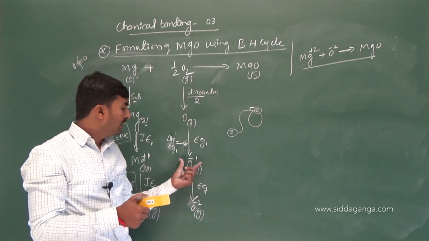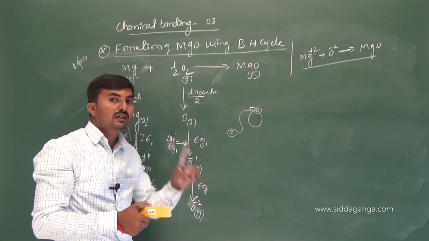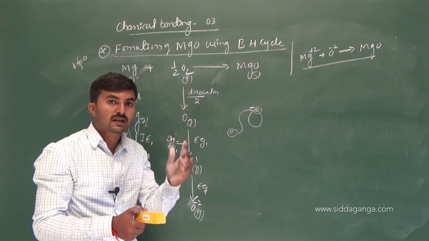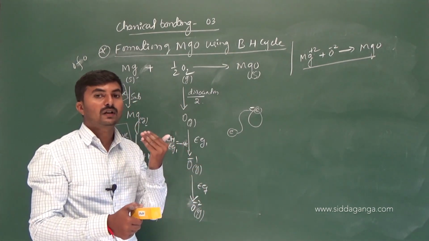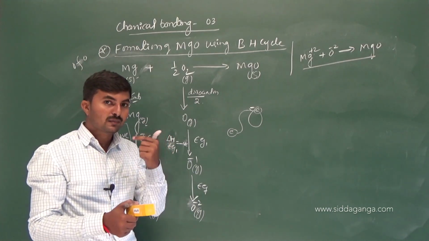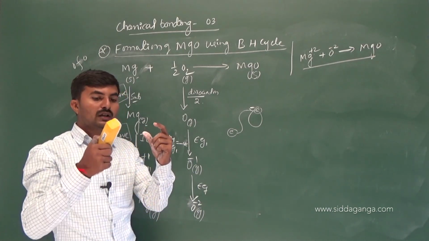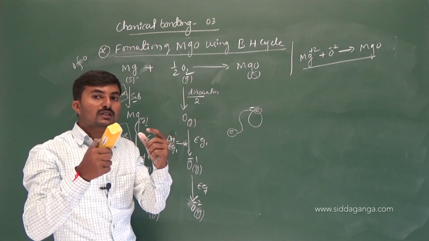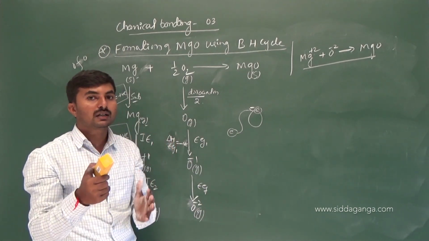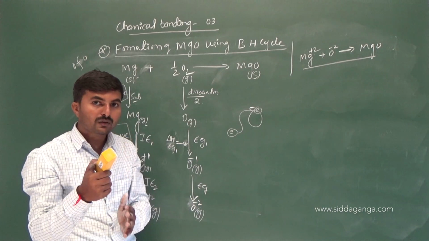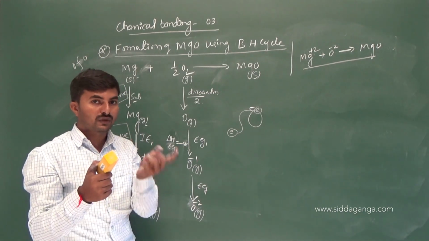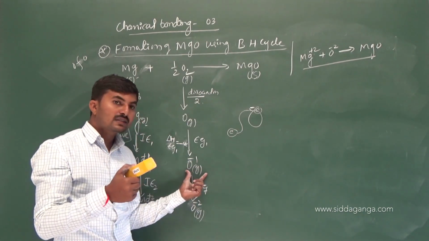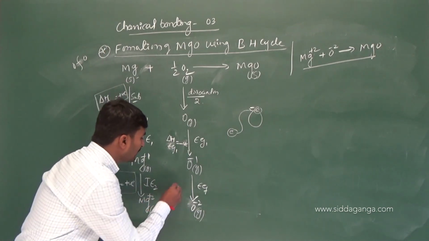Okay, that is why in this electron gain enthalpy there is no release of energy, instead gaining of energy takes place. Why gain energy? To reduce the repulsive interactions between the electron and the negative charge. To reduce repulsive interactions we must apply energy. For that purpose we just add some amount of energy to this.